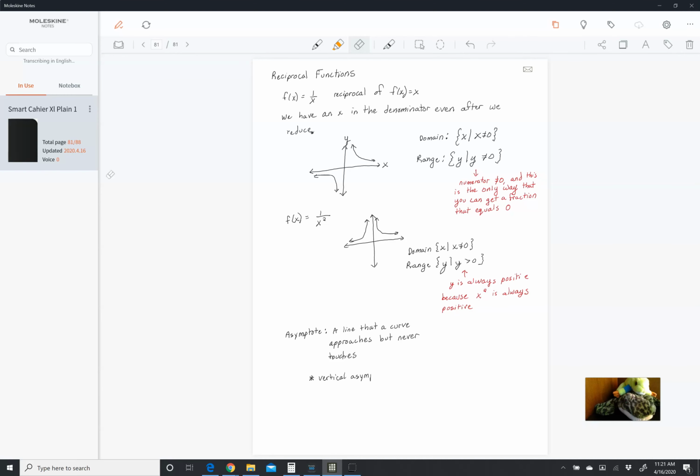So a vertical asymptote is not in the domain of the function. That's because it's an x equals. That's why we say it's not in the domain. It's a vertical line.